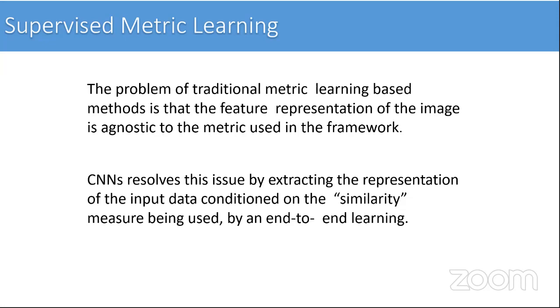That is done through the advent of CNN, which resolves the issue by extracting a representation of the input data conditioned on our final objective. Here, our final objective is to compare two feature vectors. Things might appear a little hazy, but as I go on explaining some examples, it becomes more clear.